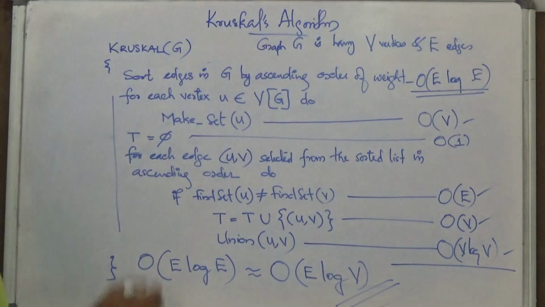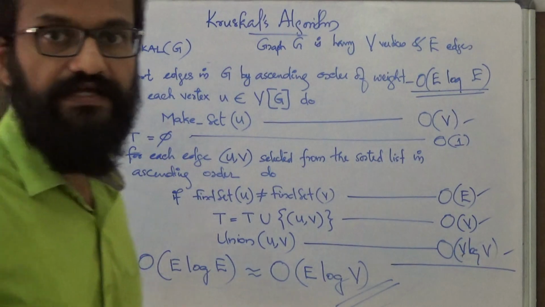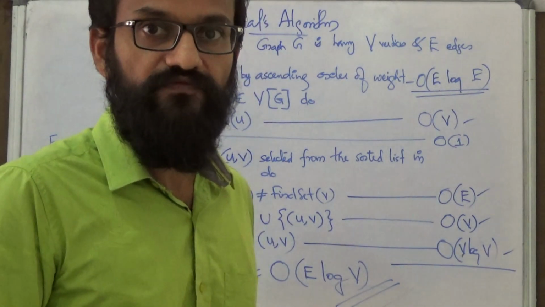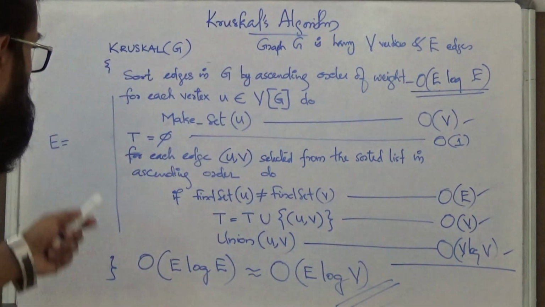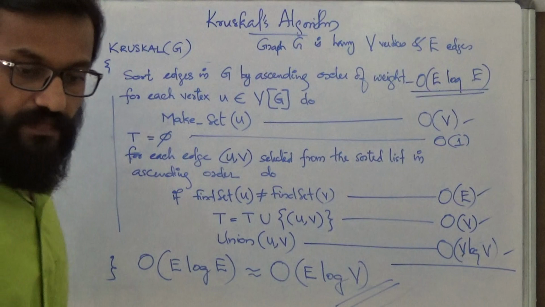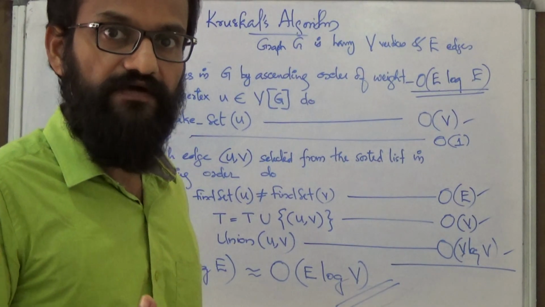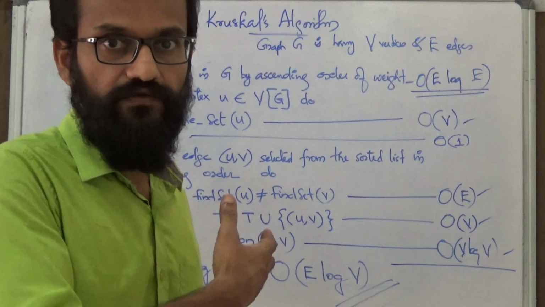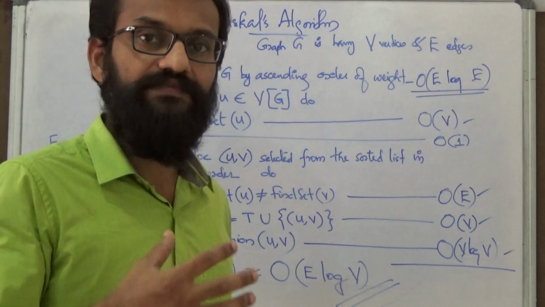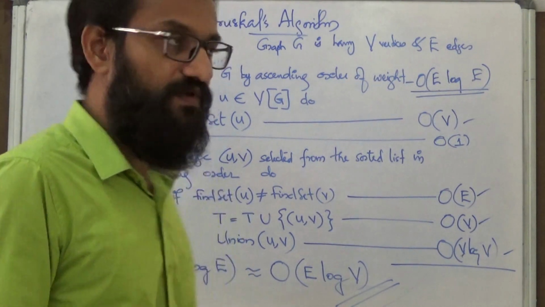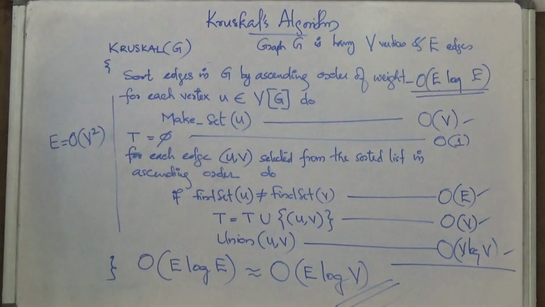The reason is that if I take E, what about maximum number of edges? What about the upper bound of number of edges that can be inserted into an undirected graph? That is actually n into n minus 1 by 2 if graph is having n vertices. Here your graph is having V number of vertices. So maximum number of edges will be V into V minus 1 by 2, which is bounded by order of V square.